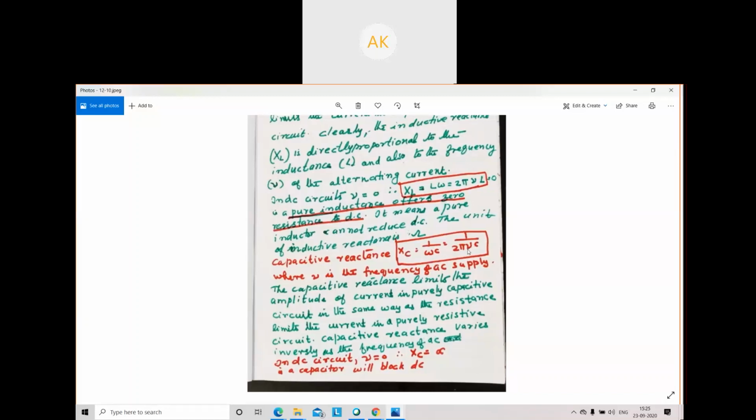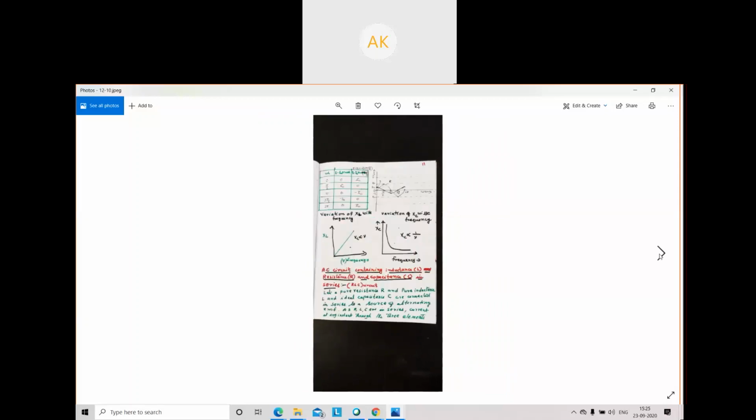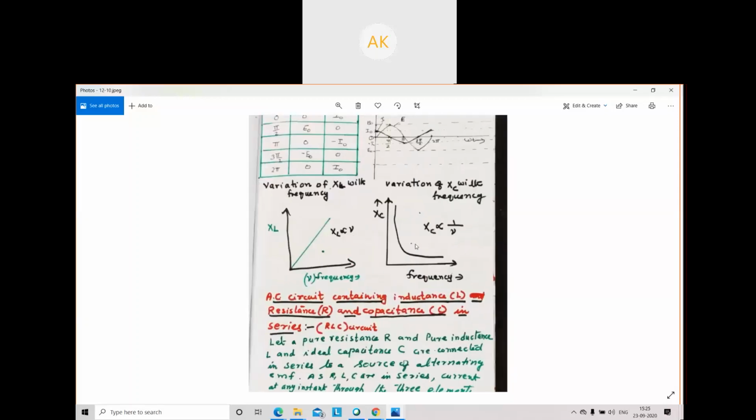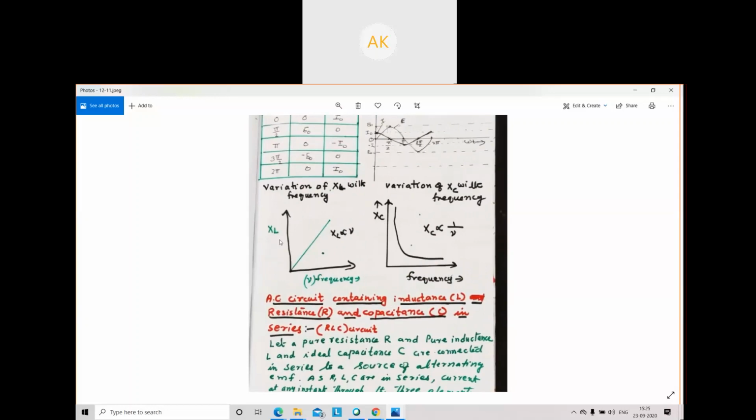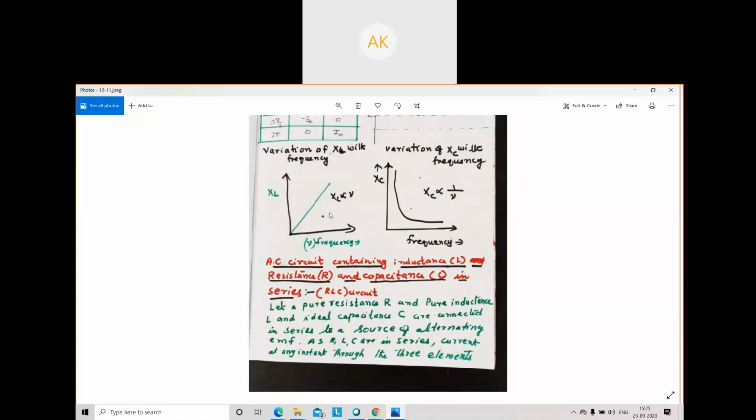You can see the graph on the next page. So it blocks DC but limits AC. That means it allows AC, but the current is limited.